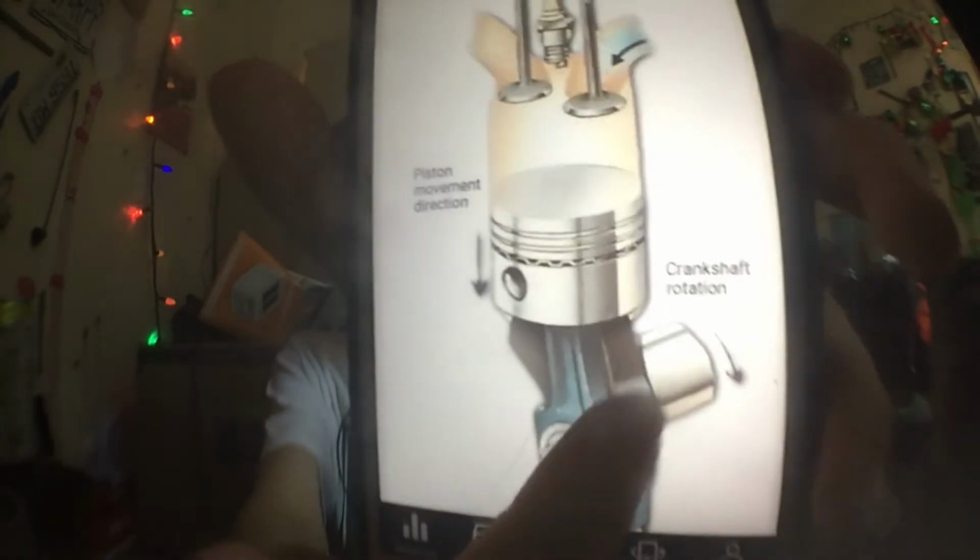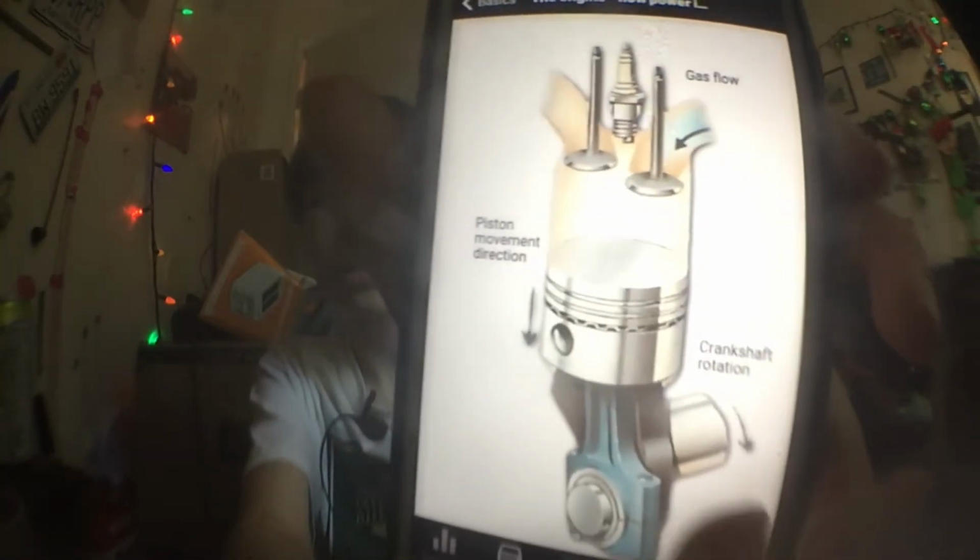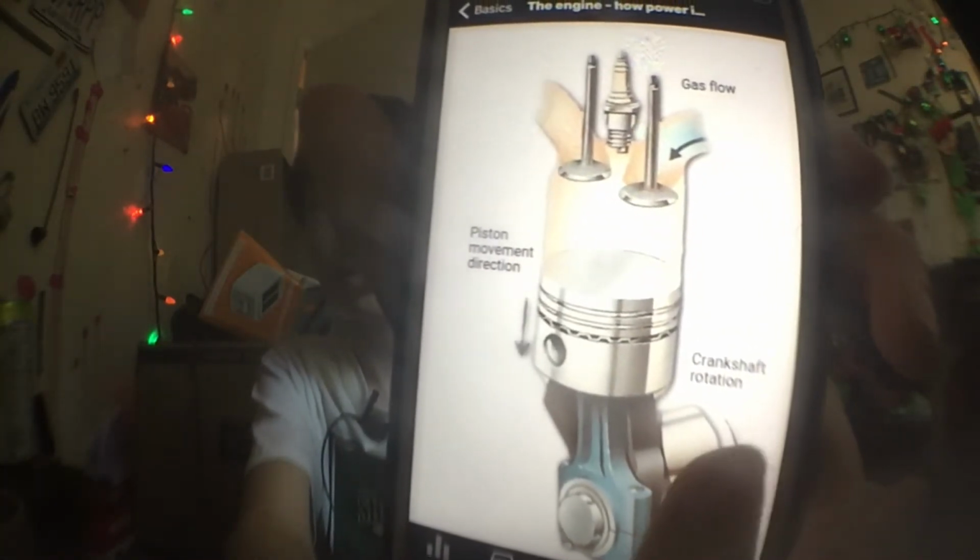And now I'll explain the way that it goes. For new people, obviously the pistons go up and down and the crankshaft spins, due to the crankshaft being like this. So this spins. As you can see, it spins this way.